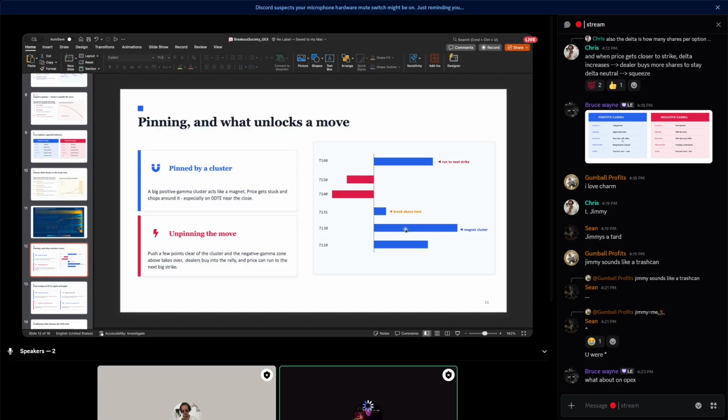I try not to use GEX as a magnet tool since price will change throughout the day. So for example, I could think that, oh, we're going to 7160. I'm going to totally full port everything and think that we're going to make it here because this is a large strike. Well, what happens if this gets closed? Then you're just stuck in a trade with little to no thesis. But imagine this is an ideal case.